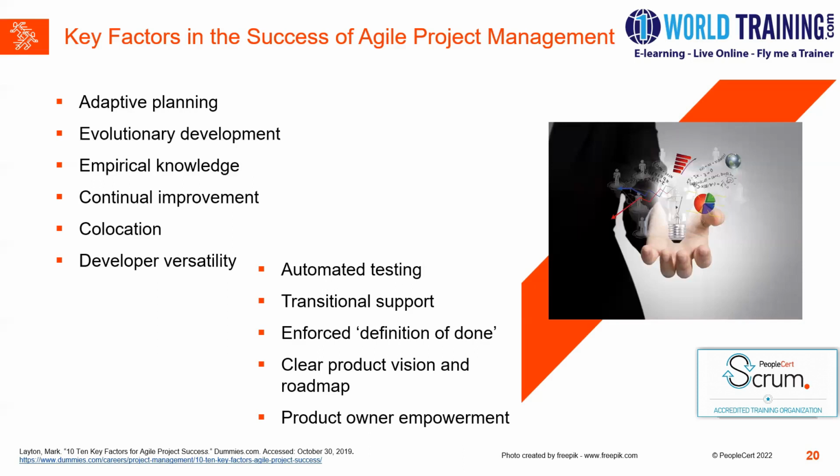Automated testing. Most of the time, the testing as a part of agile project management is automated. The scripts which have to be run are automated. They are run through tools. There can be multiple tools which you can use for running those automated test scripts.